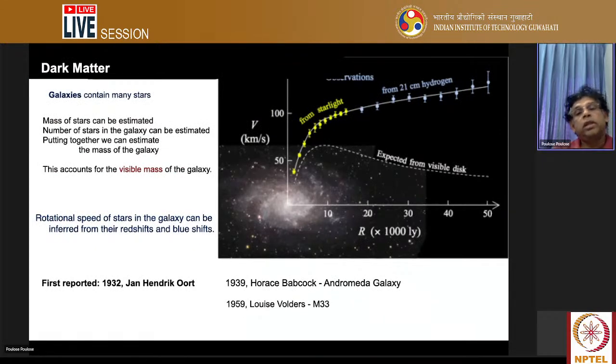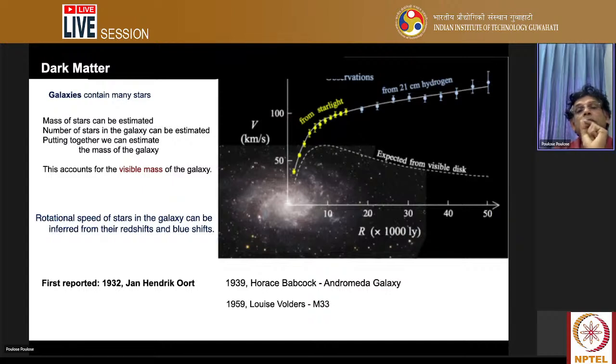Starting from the 1930s, we knew that there's something which is not complete when we look at the stars, the galaxies, the light coming from the galaxies. From the light coming from the galaxies, we can find out the amount of light, and therefore the mass of the galaxy.